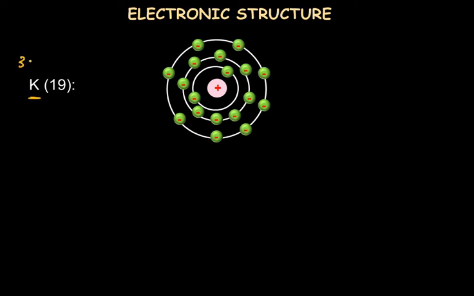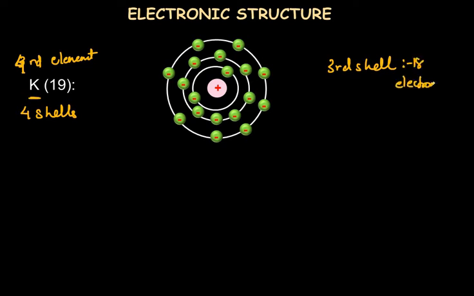Now potassium is a fourth period element. So according to the rule, potassium should have 4 shells. But then there is a question, that the third shell can have a maximum of 8 electrons.